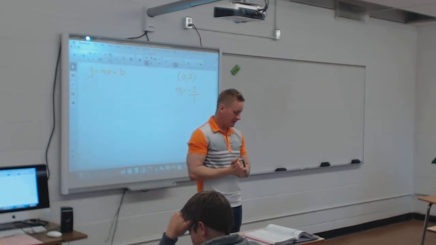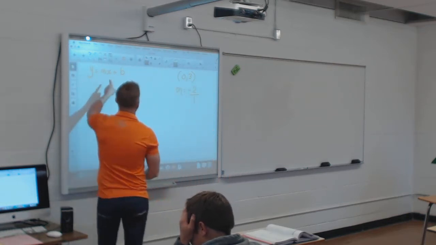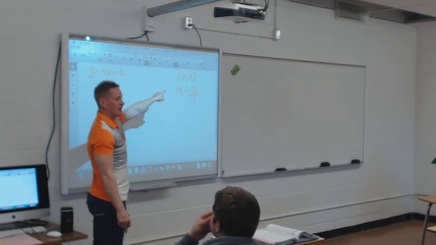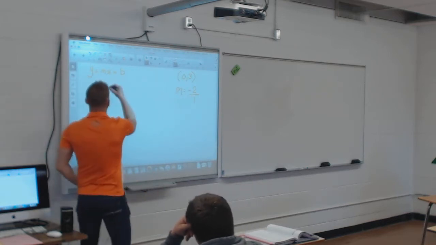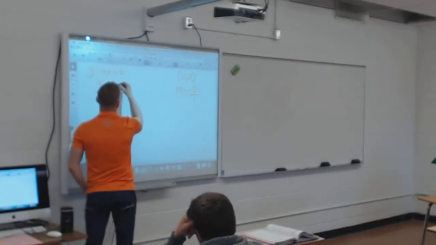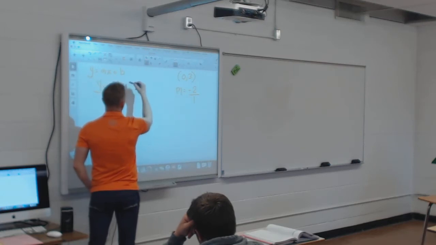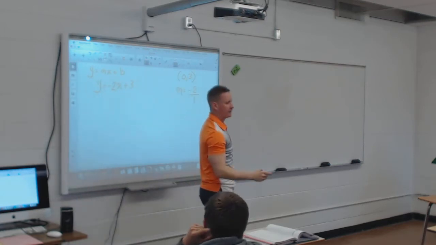What is the y-intercept? 0 and 3. What is the equation of the line? All I do now is substitute in for m and b. Y equals, what's my m value? Negative 2x plus 3. There's the equation of that graph.